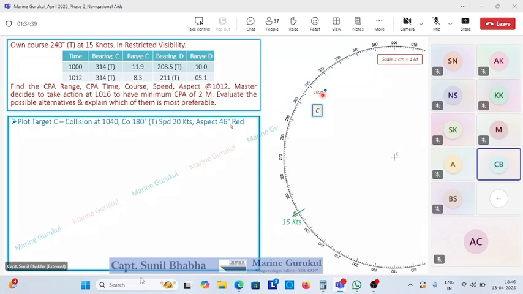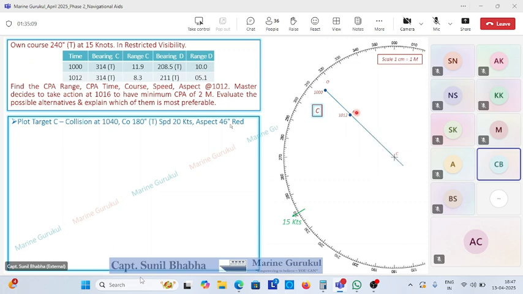We mark the time along with the position, and this is named as O, Oscar. Let's plot the second position. We have the second position here. The bearing remains the same, 314, and the range is now 8.3 miles. This observation is taken at 1012 hours, and as per our system, the point is named as A, Alpha.